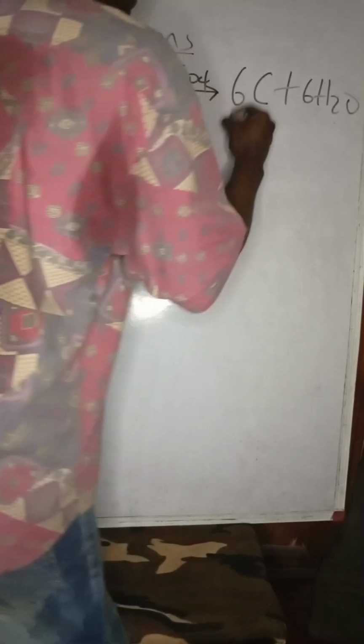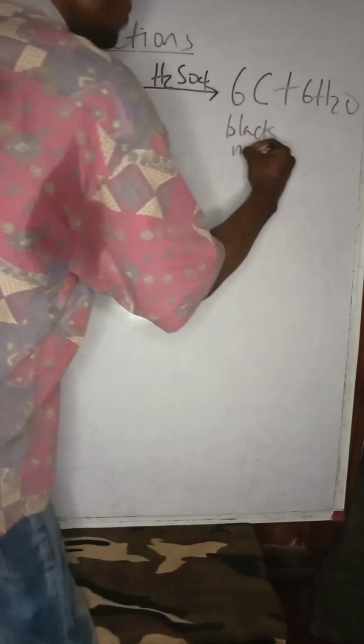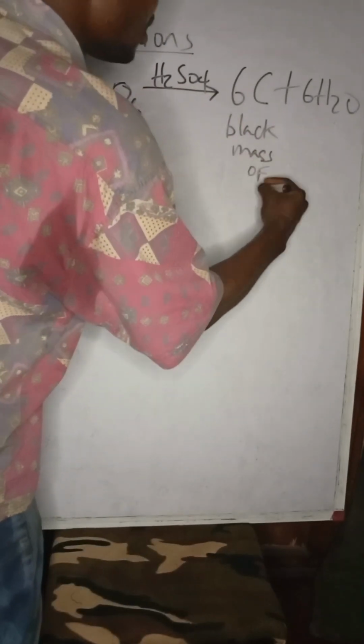We have a black mass of carbon. At the end of the day, we have 6C plus 6H2O. This black mass of carbon is popularly referred to as sugar charcoal. When you put table sugar, which is sucrose, in concentrated H2SO4, the sugar turns to a black mass, known as sugar charcoal.